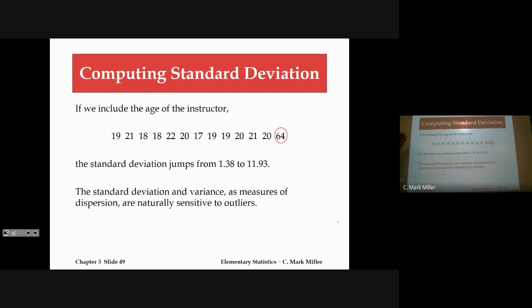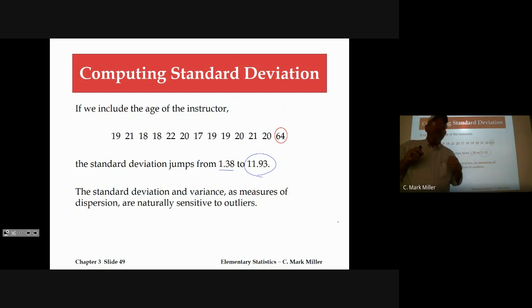Now, if we include the age of the instructor, you remember him? It goes from 1.38 to almost 12. Now, that makes sense in one way. Doesn't it make sense that a measure of spread, a measure of variation, would be sensitive to outliers?